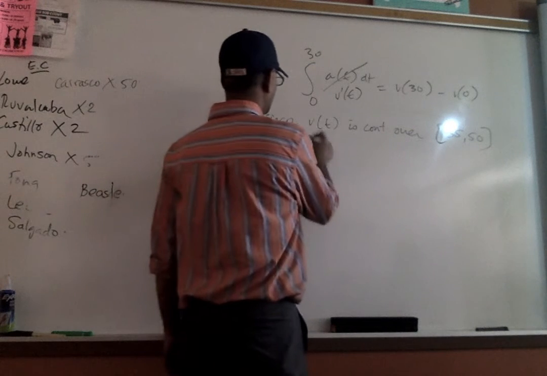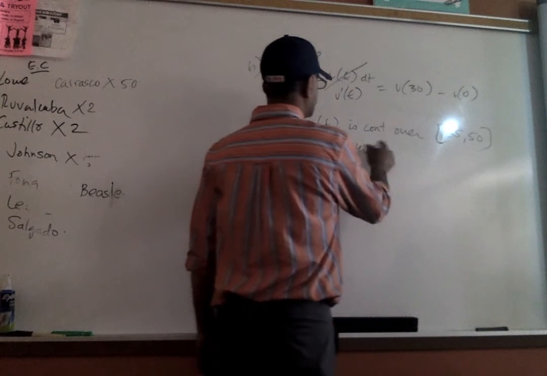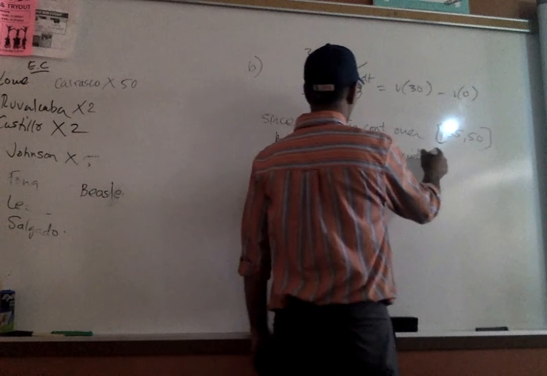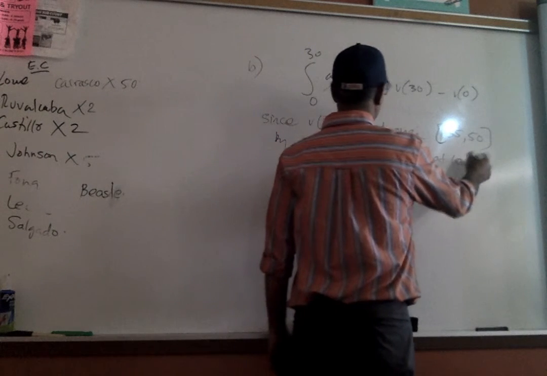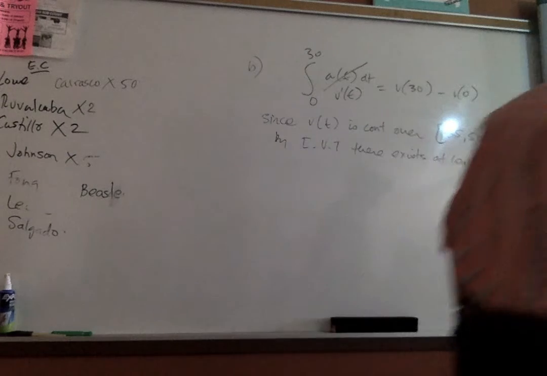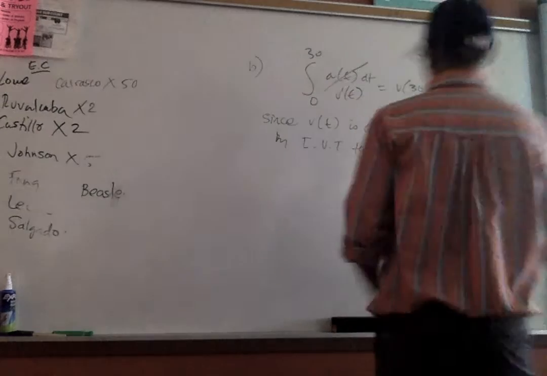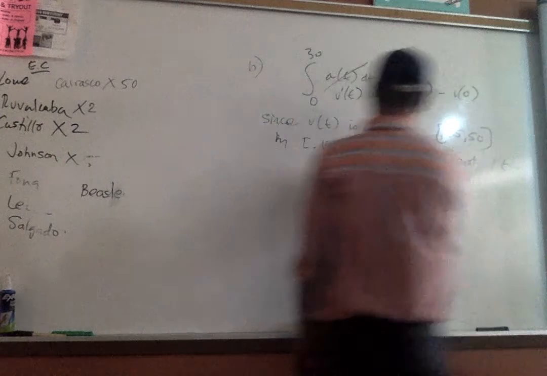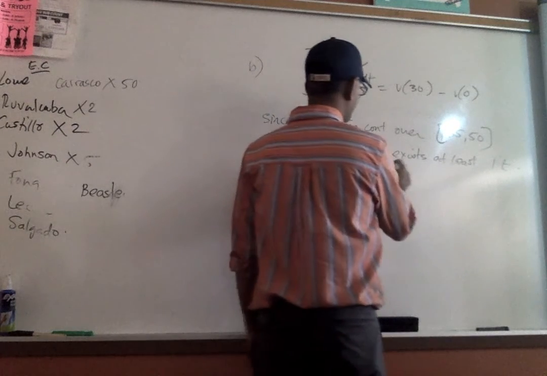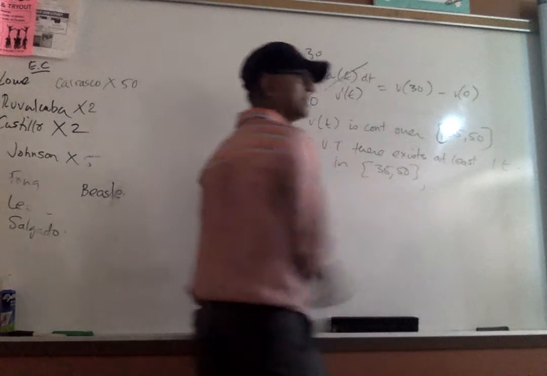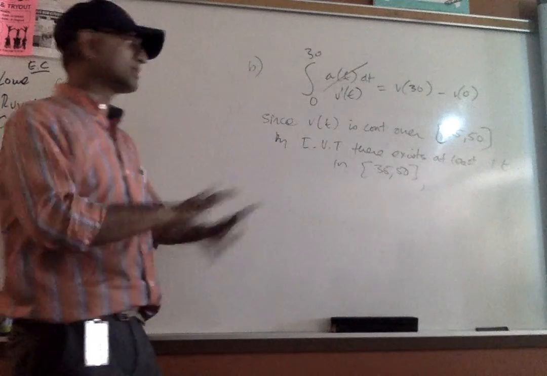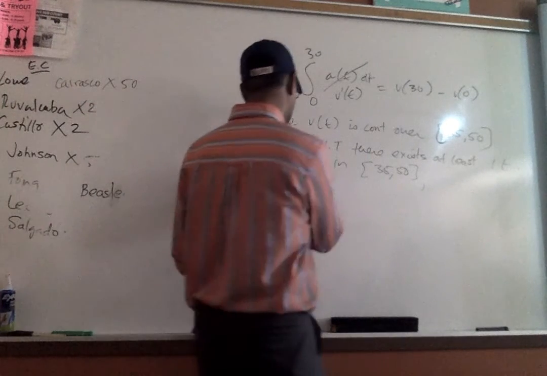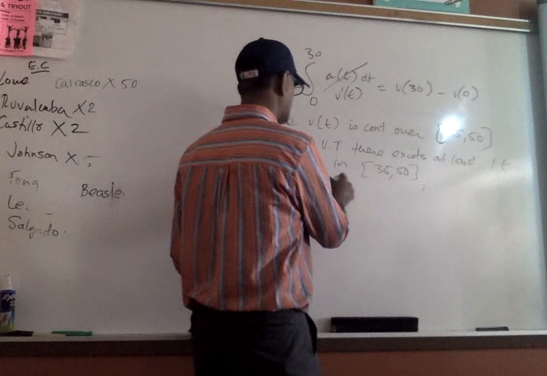By IVT, there exists. Read the question. At least one t in brackets 35 to 50. Again, IVT uses brackets throughout. Usually IVT uses brackets, though sometimes they use parentheses. Such that, now, this is something you may have forgotten.